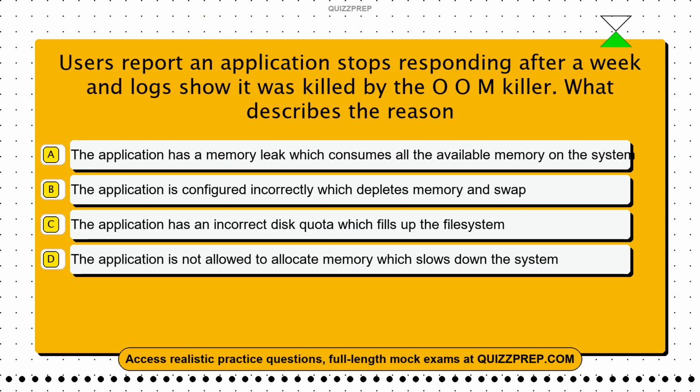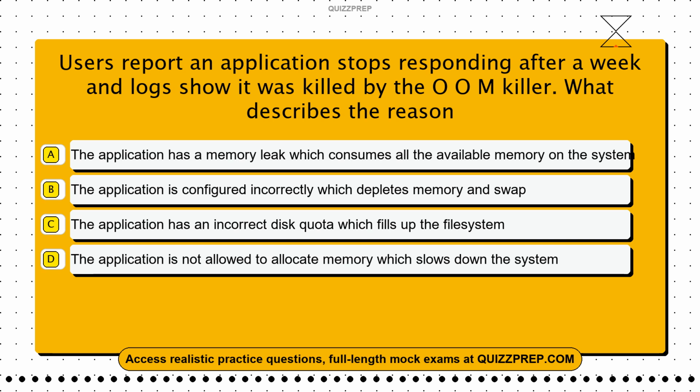Question 115. Users report an application stops responding after a week and logs show it was killed by the OOM killer. What describes the reason? Option A. The application has a memory leak which consumes all the available memory on the system. Option B. The application is configured incorrectly which depletes memory and swap. Option C. The application has an incorrect disk quota which fills up the file system.